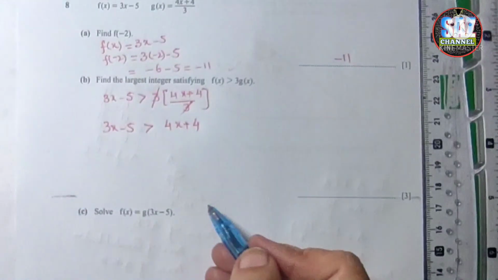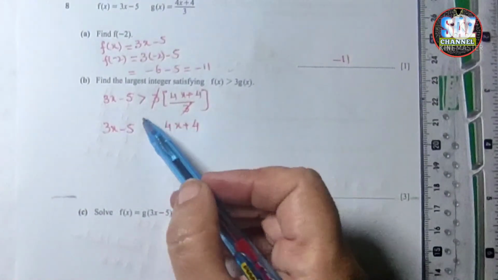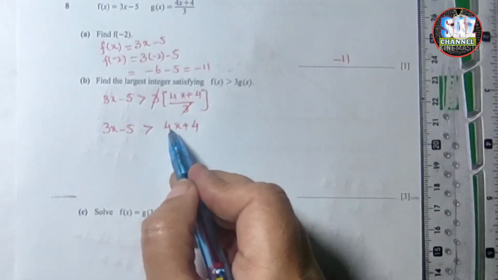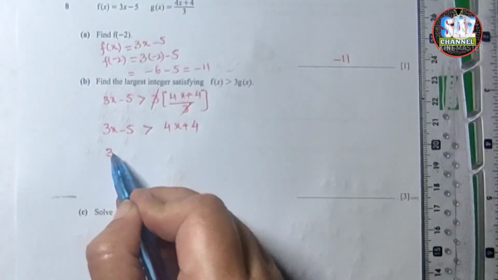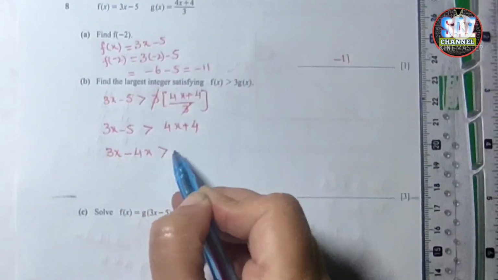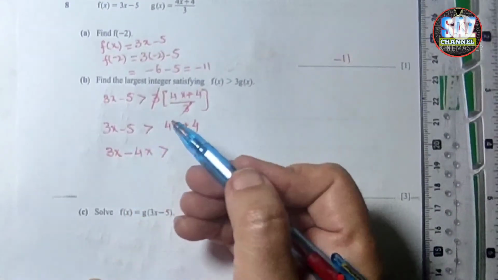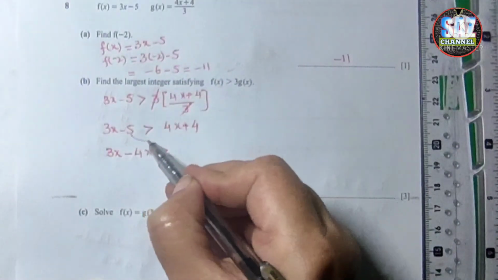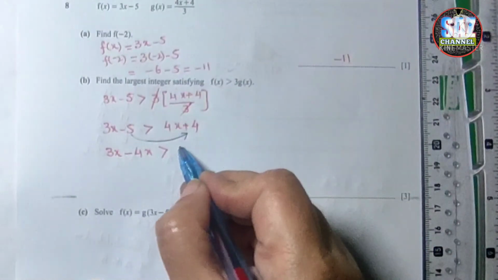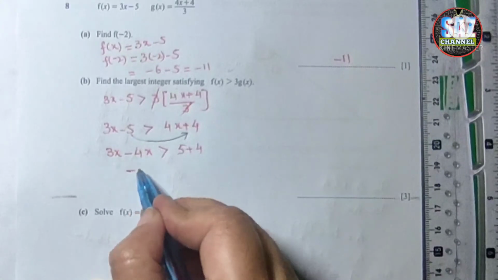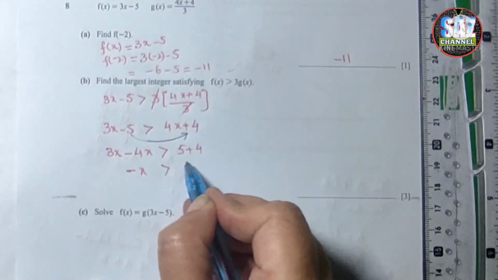We simply have to forget about this inequality symbol for some time and take it as a simple linear equation. We have to recall the steps for solving simple linear equations, and shift this 5 to the other side by changing the sign. This will become 5 plus 4, and minus x is greater than 9.